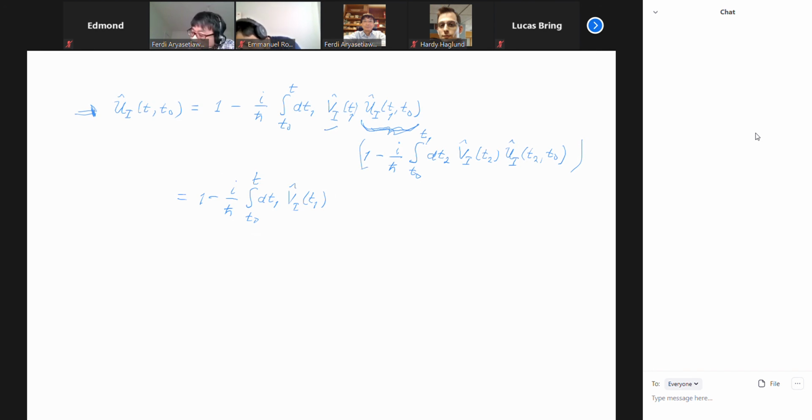And then I have the second order term, which is plus (i over h bar) squared, and then the integral from t0 to t, dt1, V_I(t1), and then this other integral from t0 to t1, dt2.